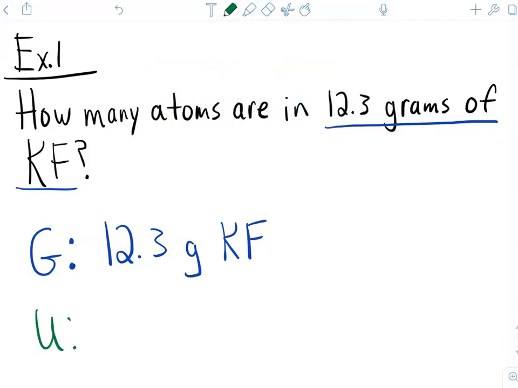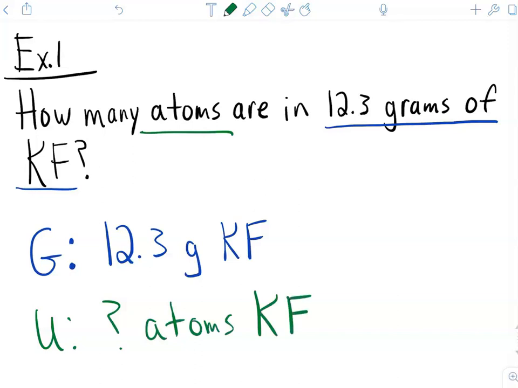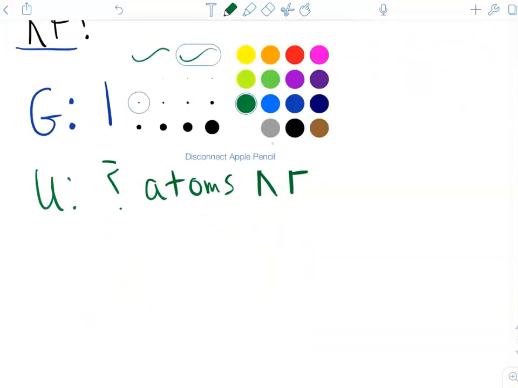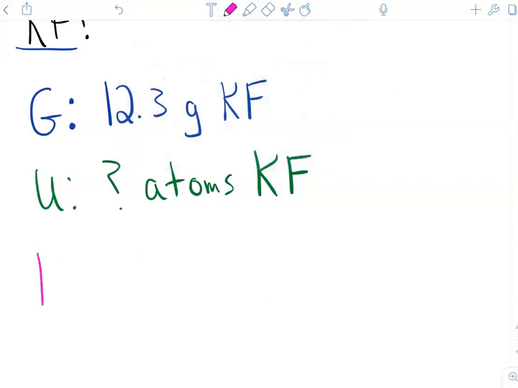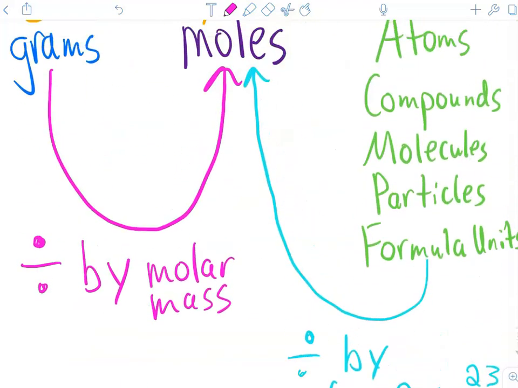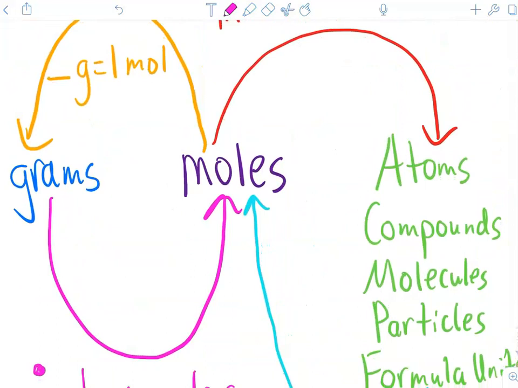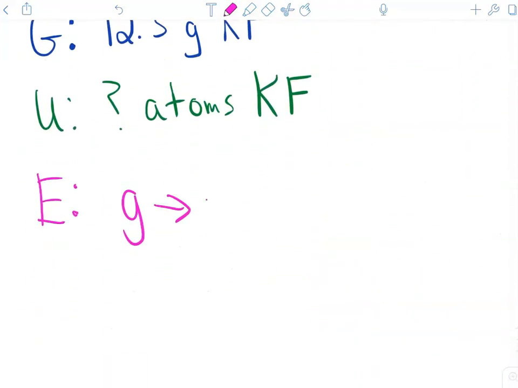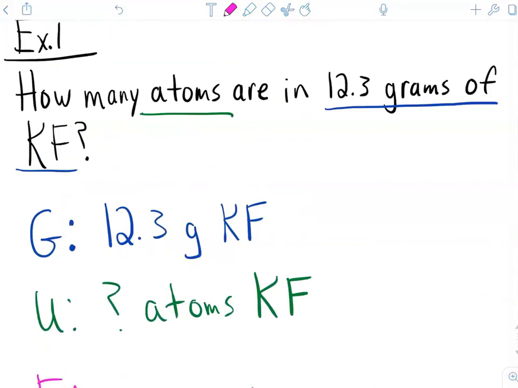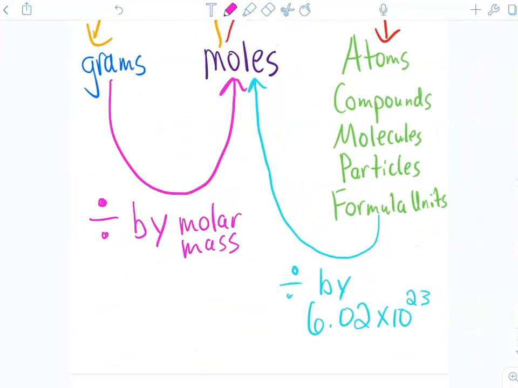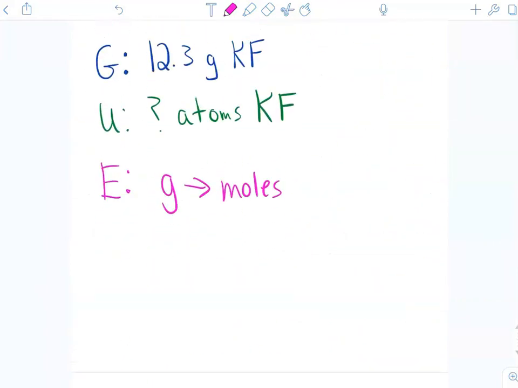So in the end of this, I'm trying to get to atoms of KF. Now, this is where using my chart is going to come in very handy, because I know that I'm going to start with grams. And if I come up here, if I start with grams, I'm going to have to go to moles. And the way that I get from grams to moles is I have to divide by my molar mass.